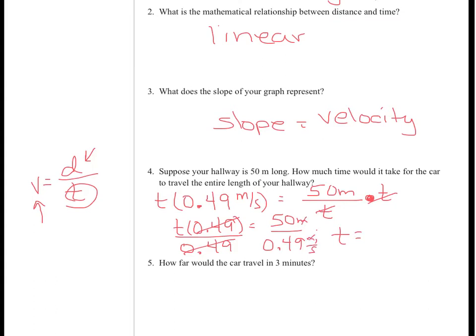The meters will cancel out and leave me with time of 100 seconds. And significant figures, you only need one significant figure. No matter what your velocity is, you're only going to need one significant figure because 50 only has one.